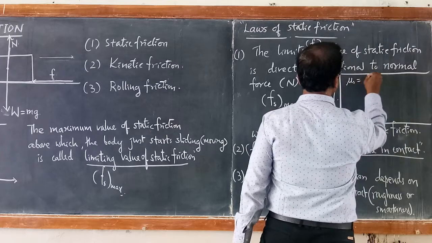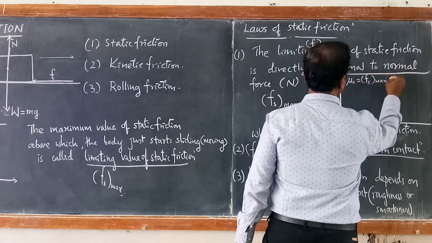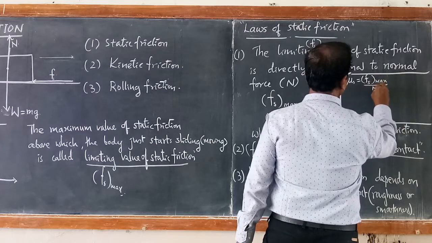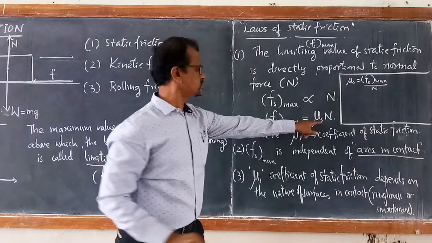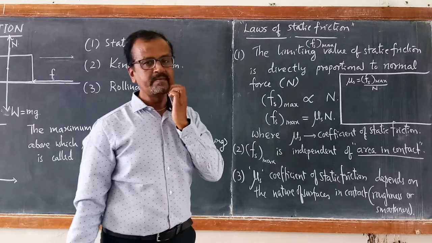Mus is equal to Fs max divided by N. If you just take N to this side, Fs max divided by N gives us Mus.